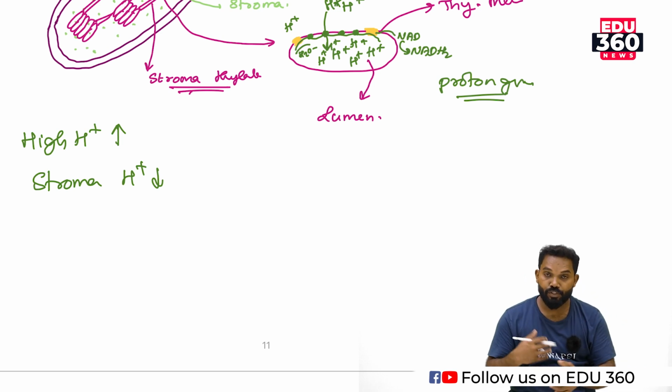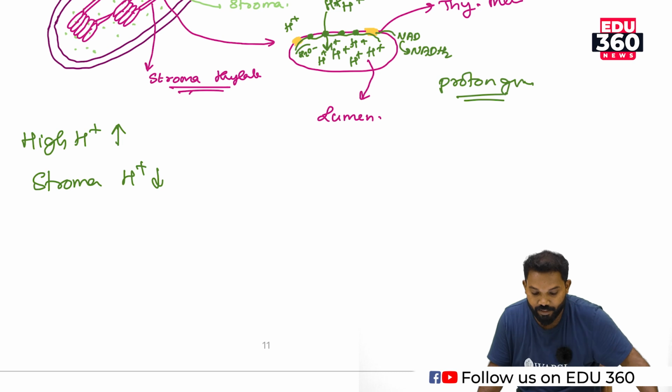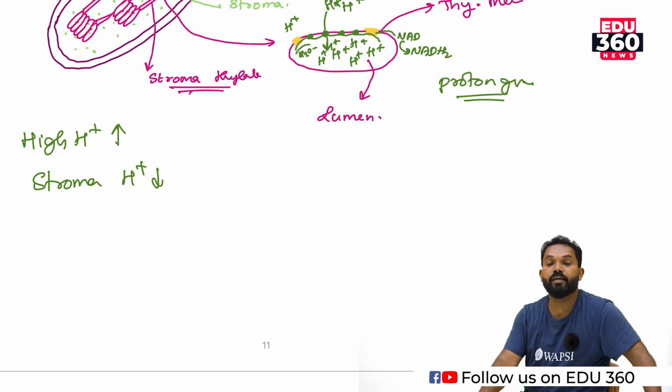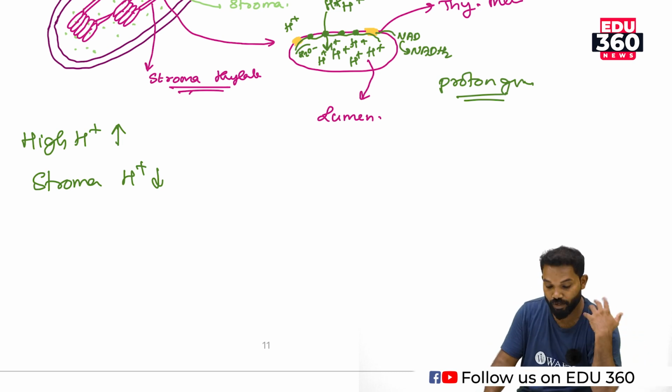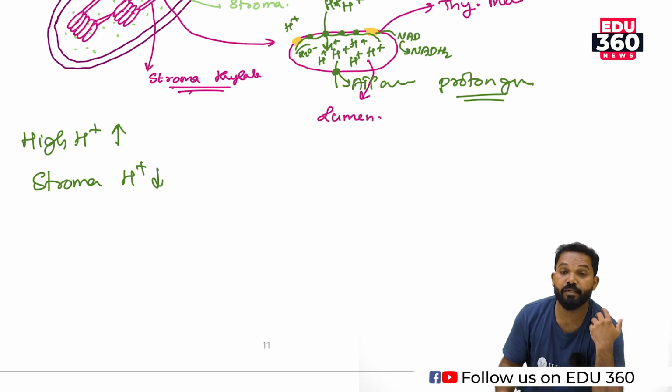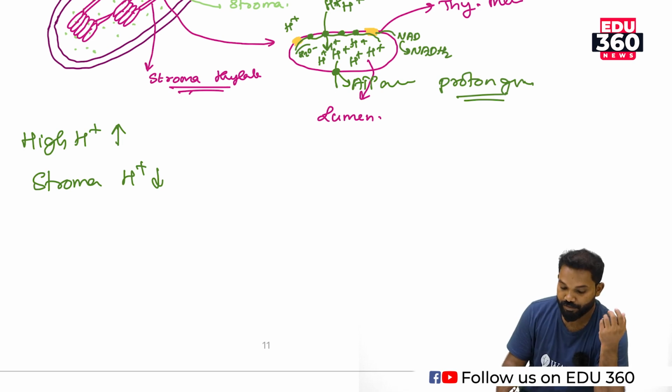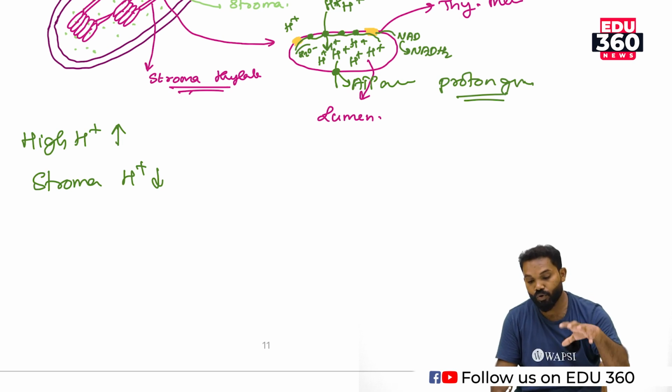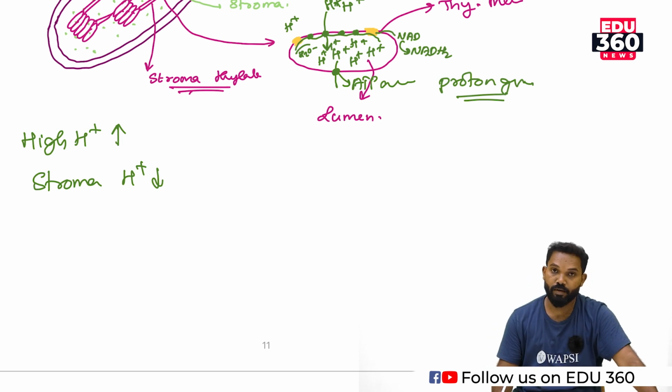H plus ions have a tendency to move from higher concentration to lower concentration. This is facilitated only through the ATPase enzyme that is present in the thylakoid membrane. This ATPase allows the movement of H plus ions from the thylakoid lumen to the stroma.